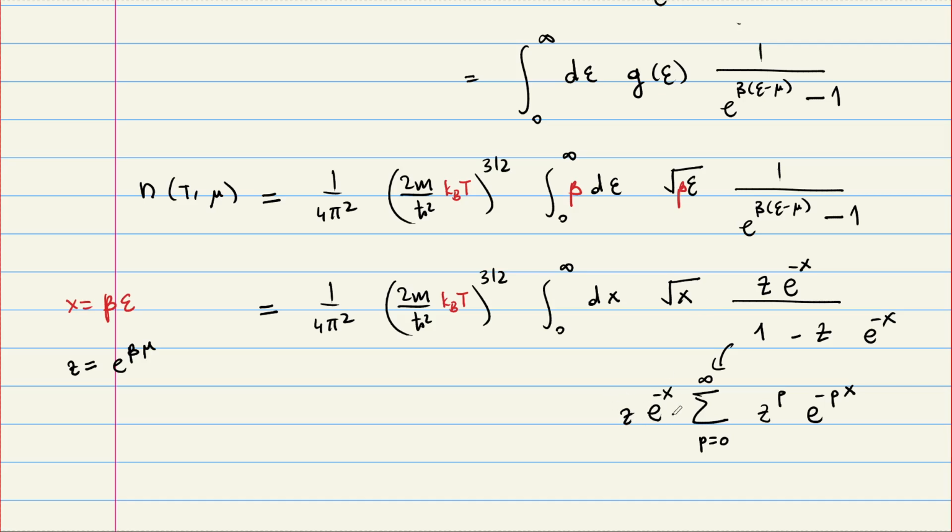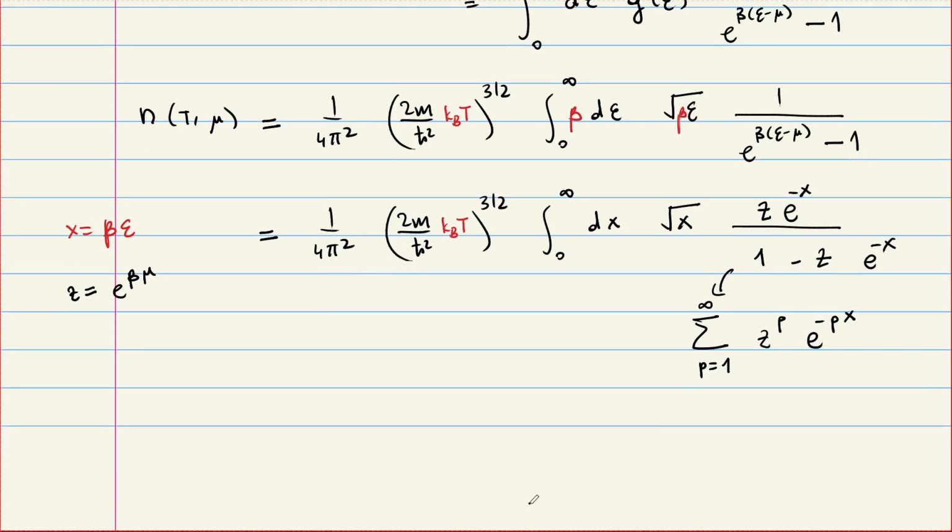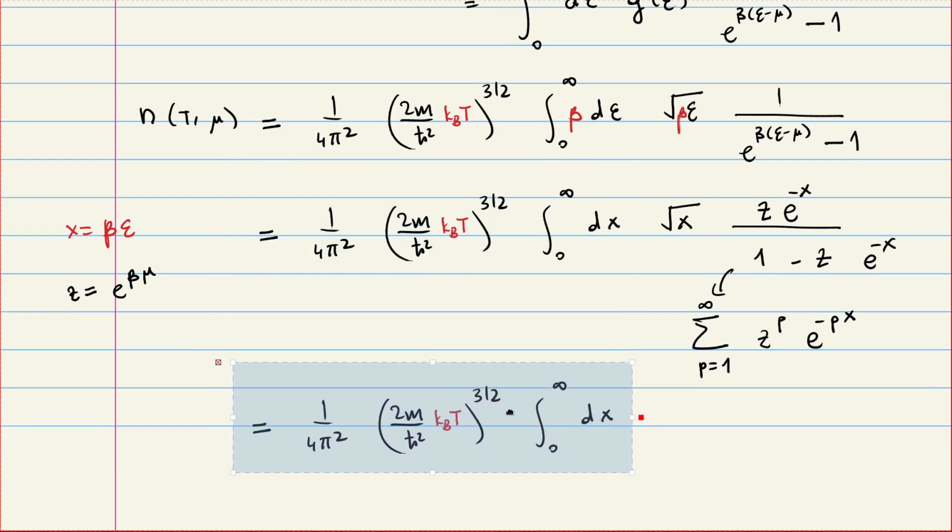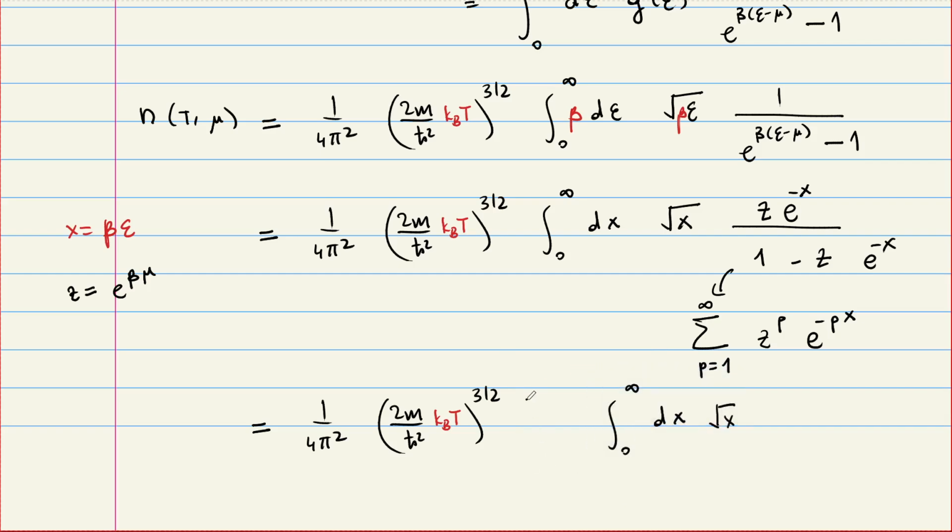Or I can absorb this factor inside, start from 1, and raise the power. It's exactly the same thing. Now the integral I need to take is like this. Take root x, and because z is independent of the integral, I'll write it outside. So this is the sum over p equal to 1 to infinity of z to the p, integral of e to the minus p x.